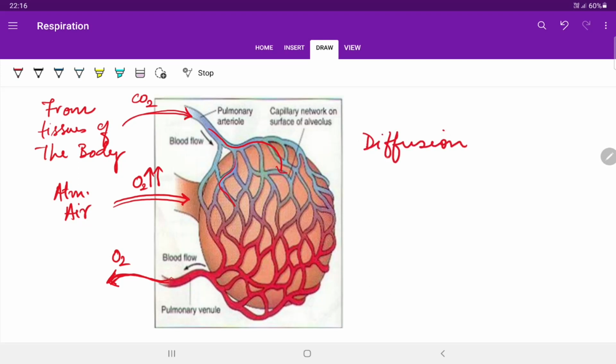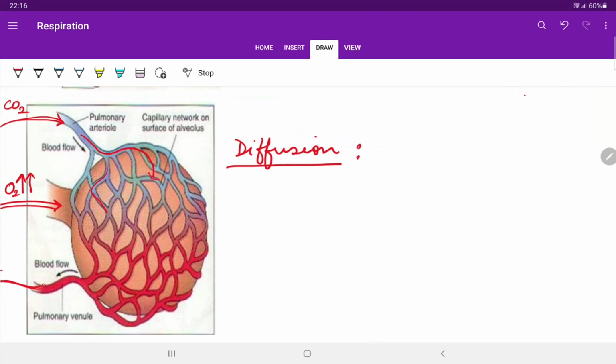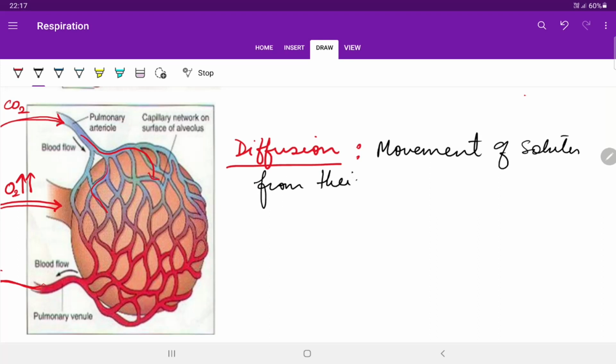Now, I hope that everyone knows about the process of diffusion. Diffusion is the movement of solutes, right? The movement of solutes from their higher concentration to the lower concentration.